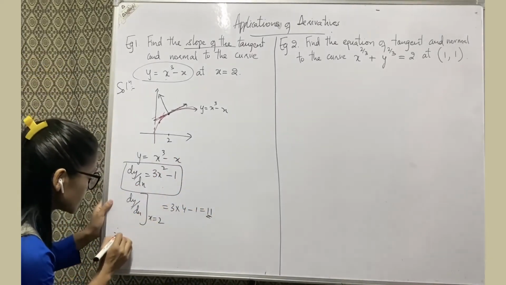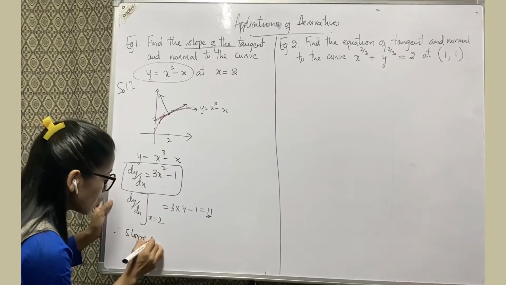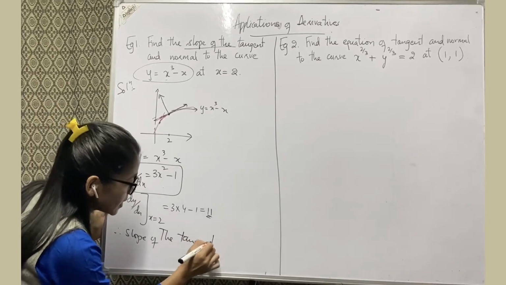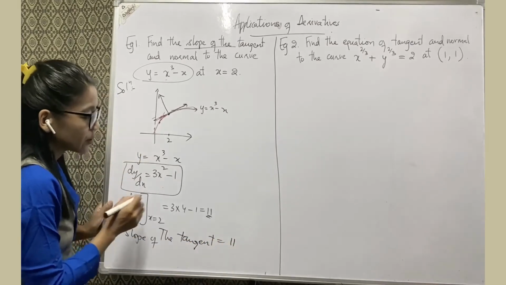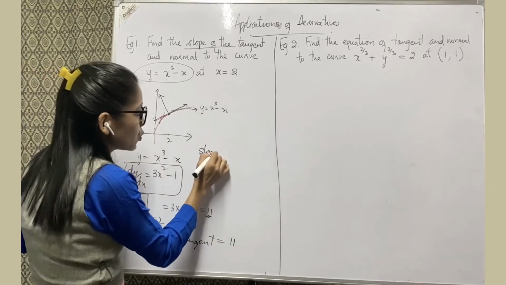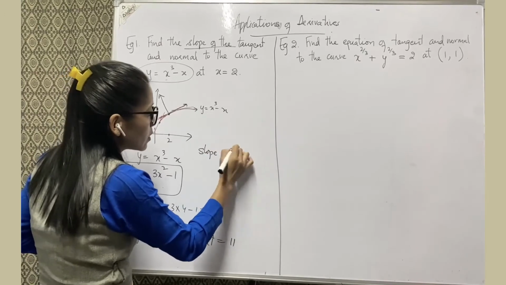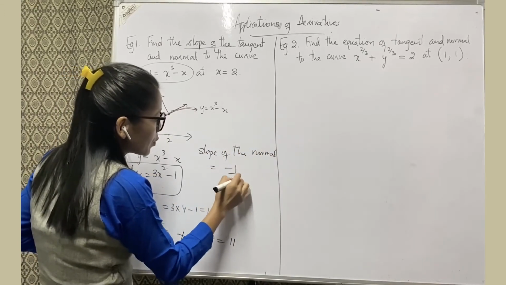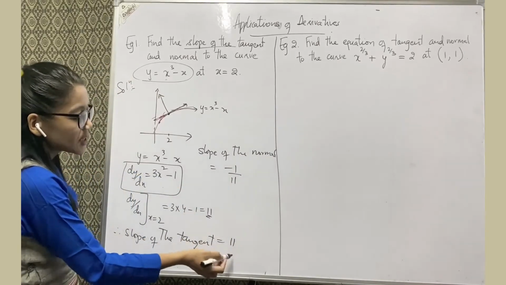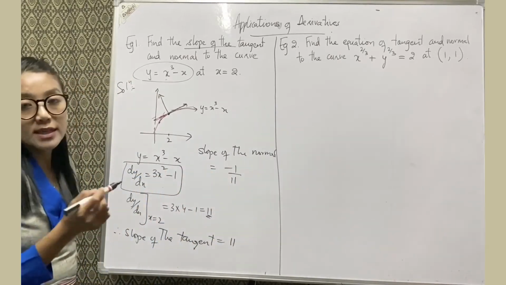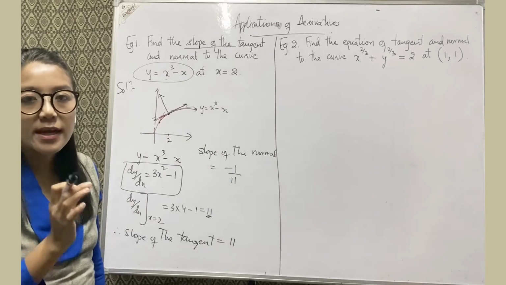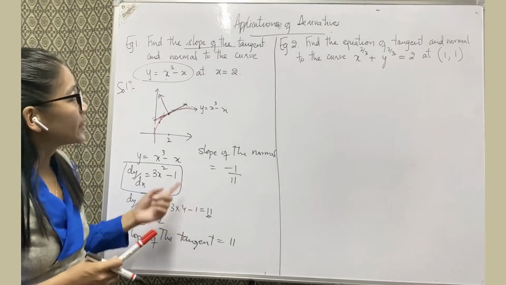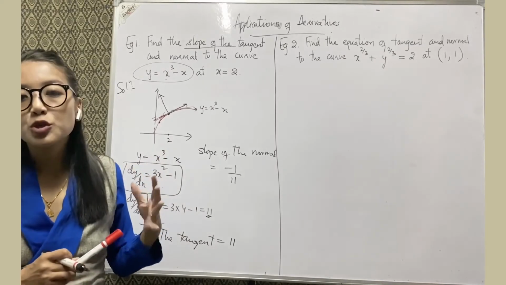Slope of the tangent is equal to 11, and slope of the normal is equal to -1 upon 11. So if the slope of the tangent is 11, then the slope of the normal is -1 by 11, because they are negative reciprocal of each other. So this is how you can find out the slope of the tangent and normal to a curve.